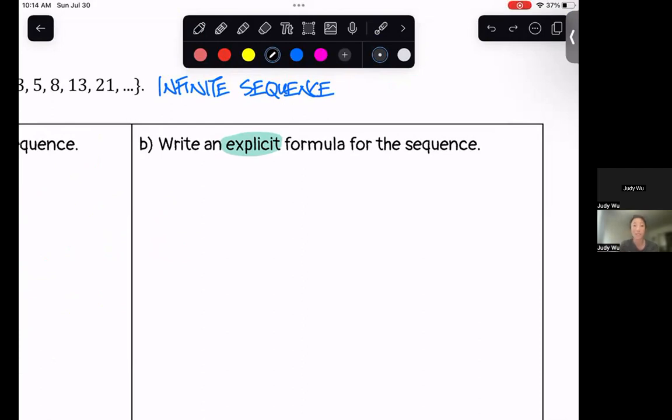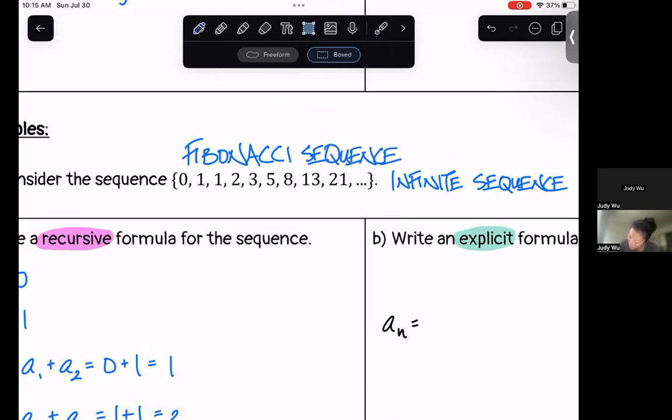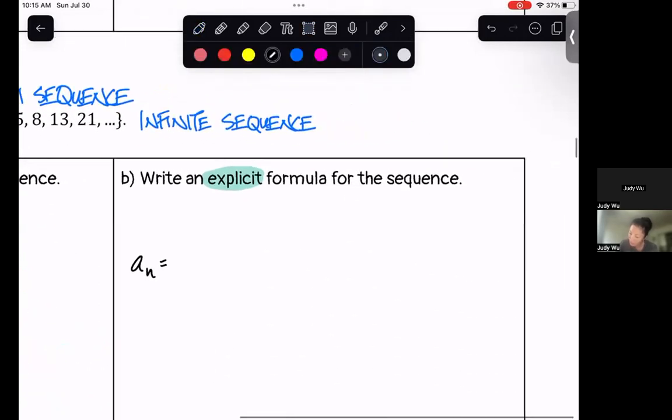But once I give you this formula, let's talk about the different uses of a recursive versus an explicit formula, right? What are the benefits? What are the drawbacks? So it turns out that for this sequence, and some of us might even know that this is the Fibonacci sequence, okay. But in this particular sequence, the explicit formula is as follows.